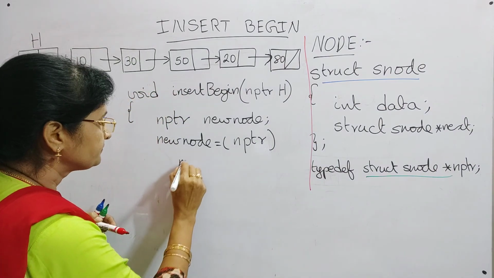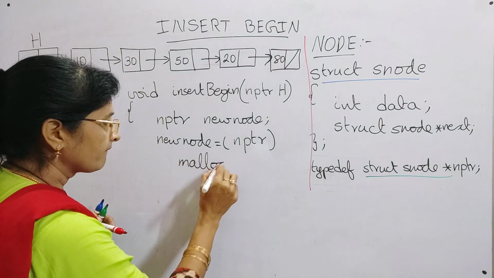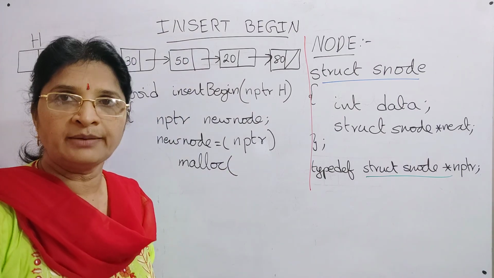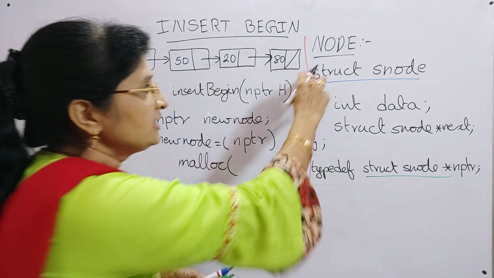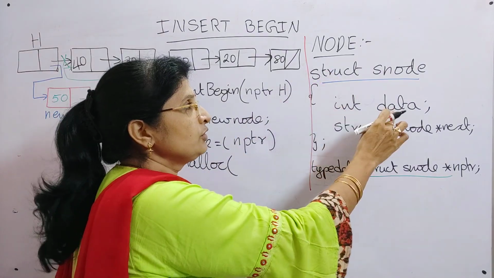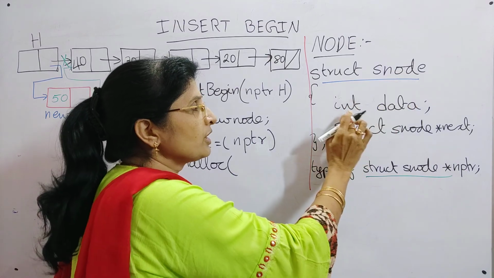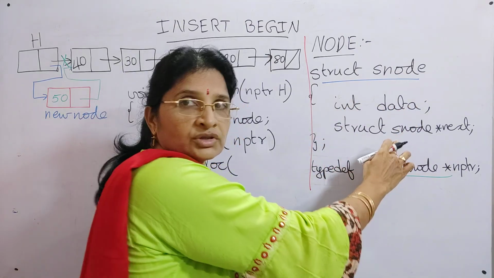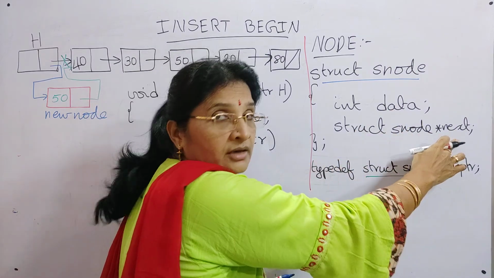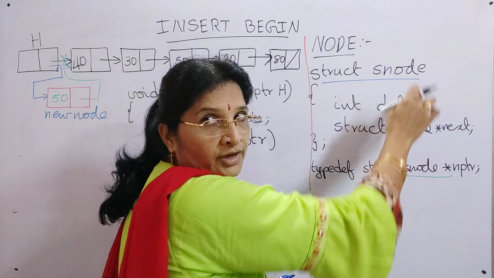malloc function, and then you have to give the size occupied by this particular node. What is the size occupied by this node? If you consider the struct snode, we have given two structure elements here. The first one is data and the second one is a pointer to the node.